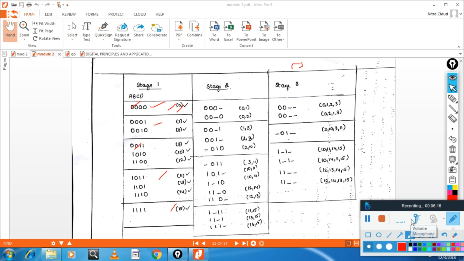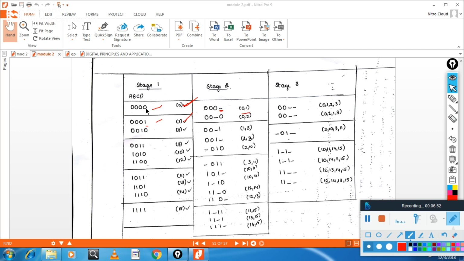For example, now you see, I will compare this, and here you can see only one digit changes. So I will write that in stage 2. I compared 0 and 1, and only one digit changes, so I will mark it like this. It is very important that you mark this one like this one.